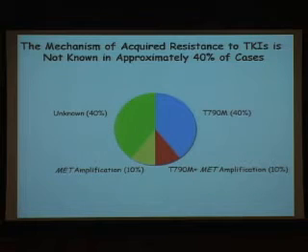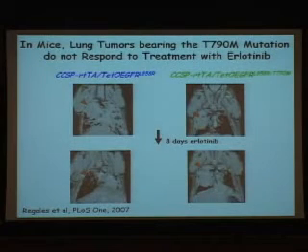And so what we went ahead and did when we discovered this secondary mutation is we generated transgenic mice that express these mutants, the EGF receptor with the sensitivity mutation and with the drug-resistant mutation in cis in the same transgene, mimicking the human scenario that you see with acquired resistance.